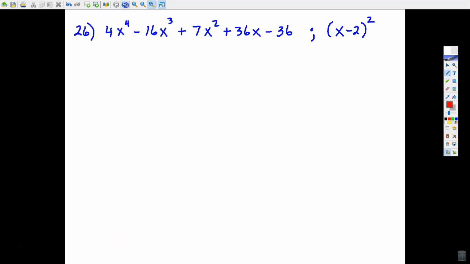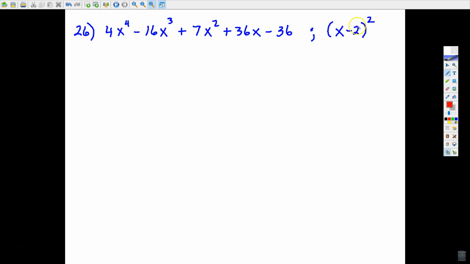And now let's take a look at another problem from the other section, and this is number 26. In this section, you were given two factors, and basically we have to come up with the other two. But we're going to use synthetic division in order to do this as well.